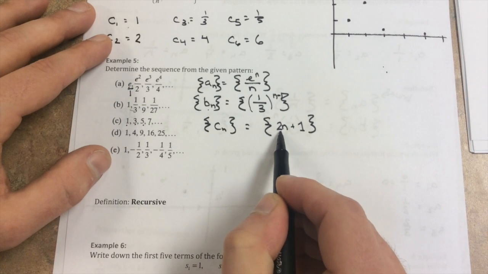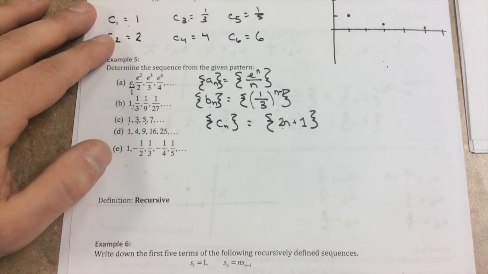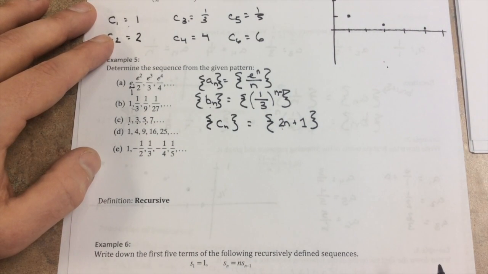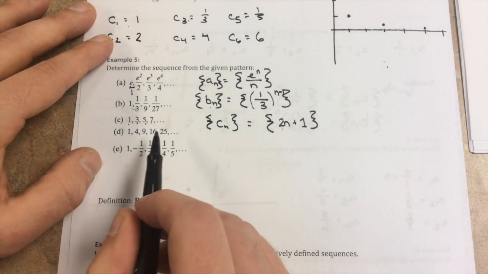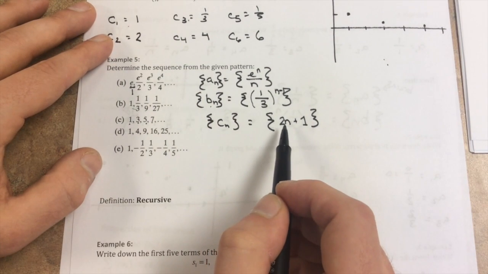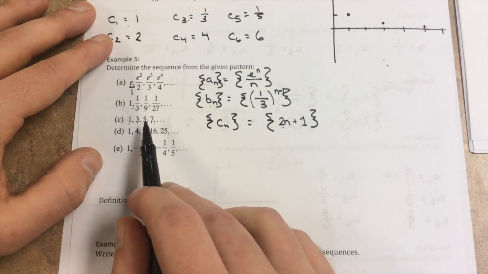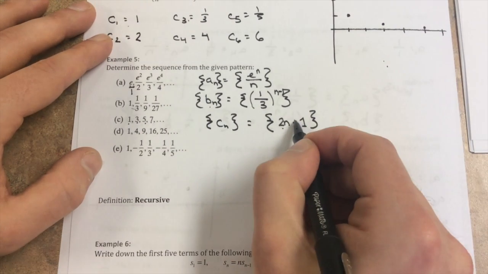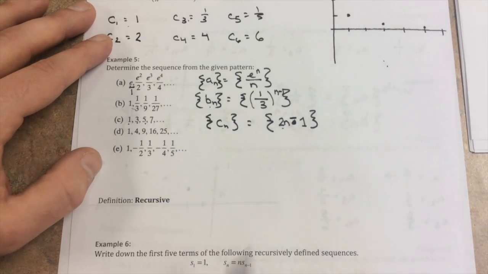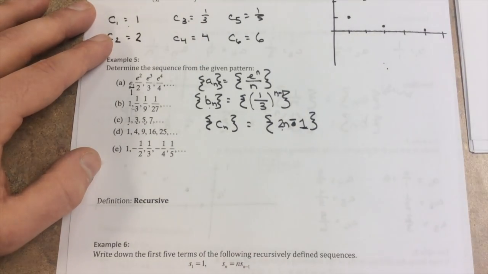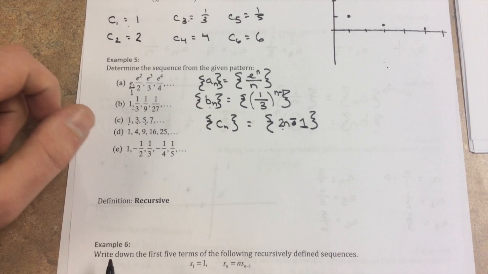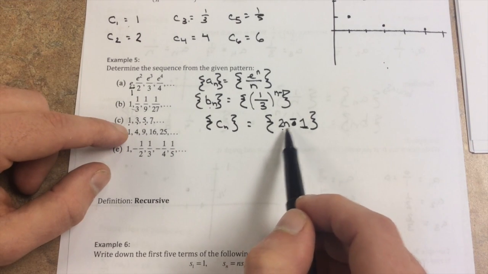So our sequence is just 2n plus 1. So let's double check. If I plugged in 1, I would get 2 plus 1, which is 3. So if I want to get my first term, instead of plus, it's going to be minus. So there's going to be a little guess and check work when you're doing these types of problems. Let's double check here. 2n minus 1.